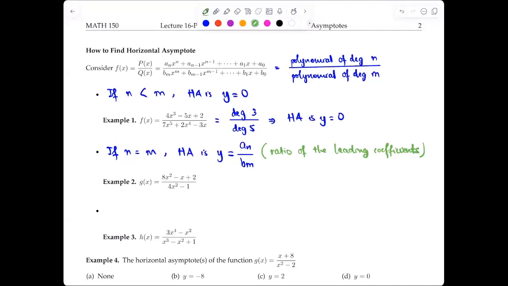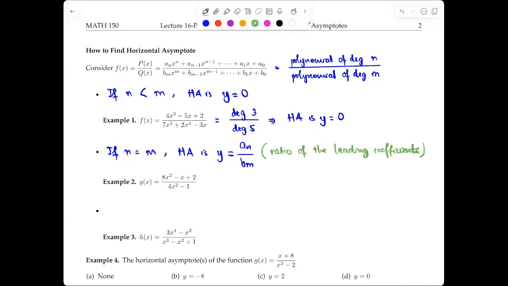So now let's consider the second example. I have this rational function. The degree on the numerator is 2. The degree in the denominator is also 2. So therefore, the horizontal asymptote is y equal to 8 over 4. You with me on that? Okay.